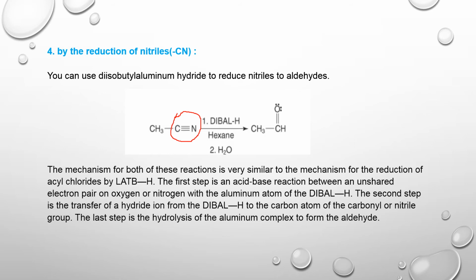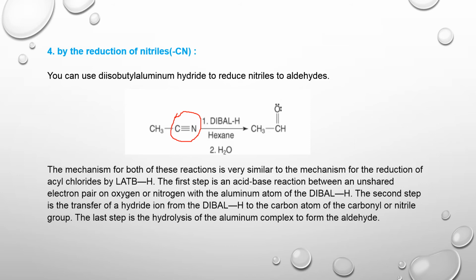The first step is an acid-base reaction between the unshared electron pair of oxygen or nitrogen and the aluminum atom of DiBAL hydride. The second step is transfer of hydride ion from the DiBAL hydride to the carbon atom of the carbonyl or nitrile group. The last step, hydrolysis of the aluminum complex to form aldehyde, is very clear in the acyl chloride reaction.